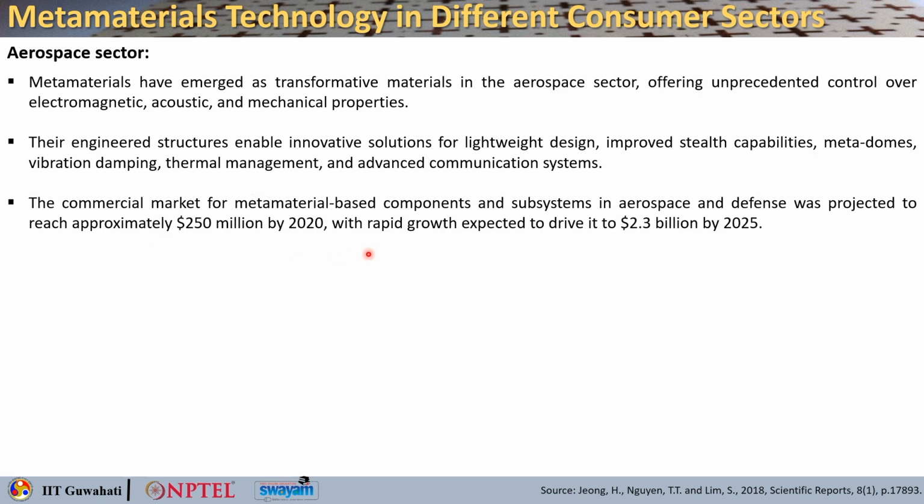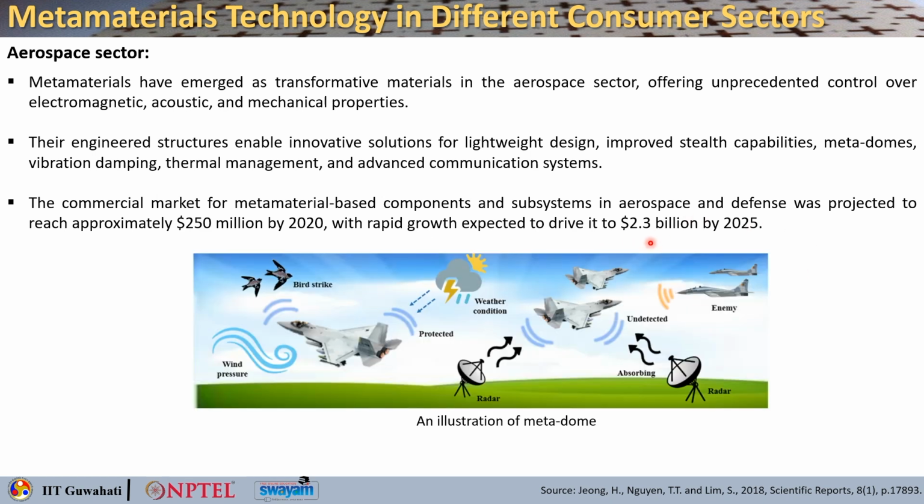So, the commercial market for metamaterial based components and subsystems in aerospace and defense is projected to reach approximately $250 million by 2020, and by 2025 it is supposed to become a $2.3 billion market. Okay.